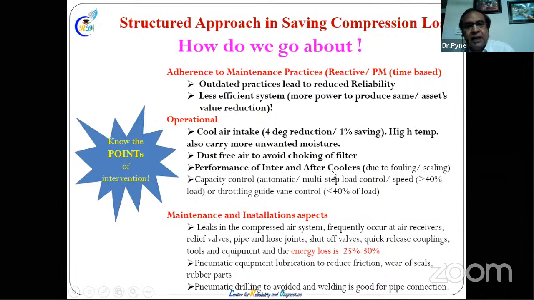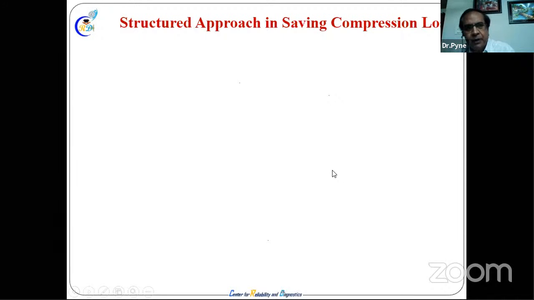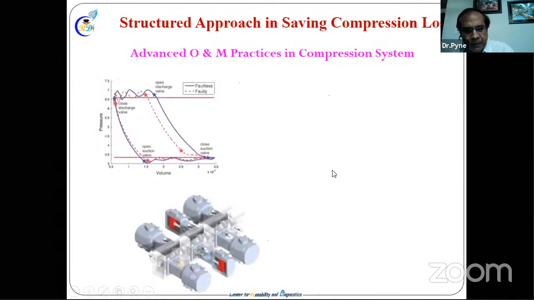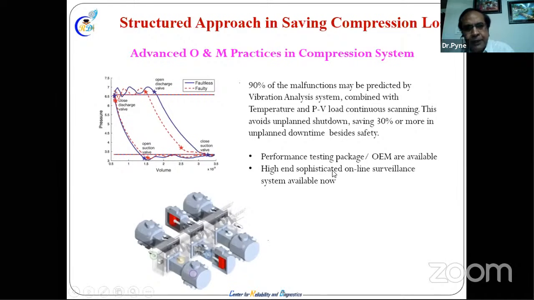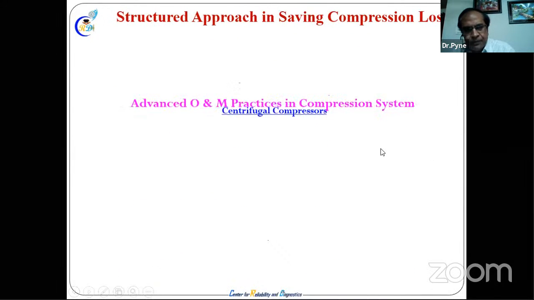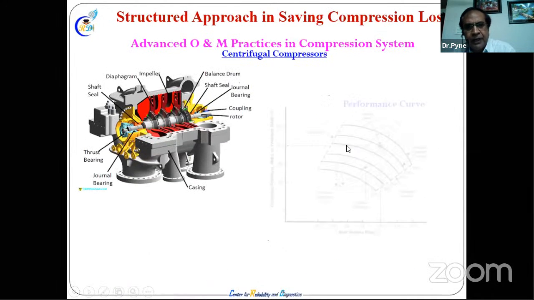So this is how you go about a system approach to saving compression loss. In the system approach, again PV diagram and failures and faults, we have to maintain this, and we can get the analysis done by an external agency or people who can do the PV diagram, and we can see whether it is compression or suction, or if there are problems in the PV curve. Accordingly, we can act.